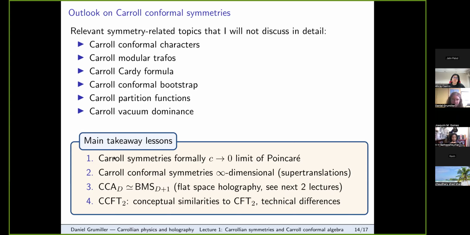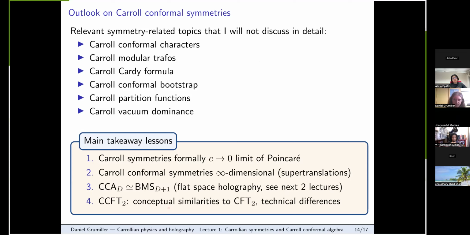So you cannot just naively take over what you know from relativistic CFTs. There's a bit of work you have to do, and some of the work you might obtain as a limit, but more often than not, it's easier to work intrinsically and not rely on limits because the limit is always singular, and you may have a hard time figuring out how to rescale your observables to get the right Carroll limit.